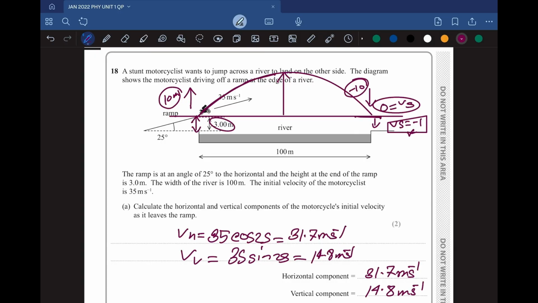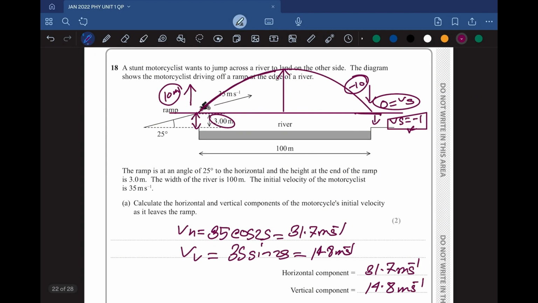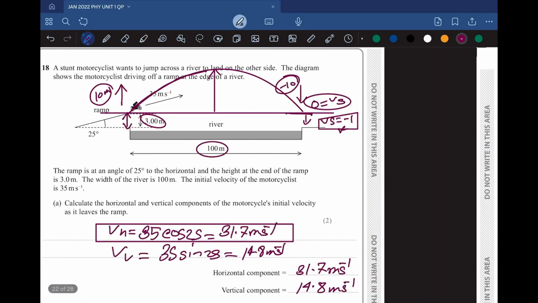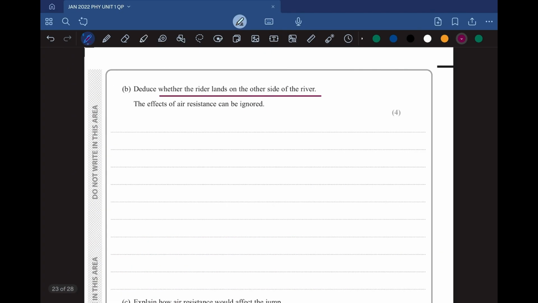To figure out the vertical displacement, we have the horizontal component of velocity, and we also have the horizontal distance, which is 100 meter. If we use them, we can figure out the time, because we know speed is equal to distance divided by time taken.